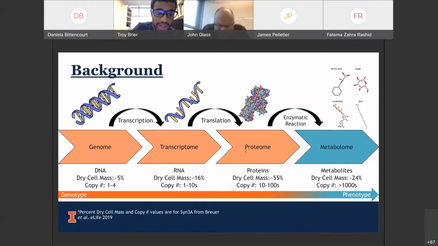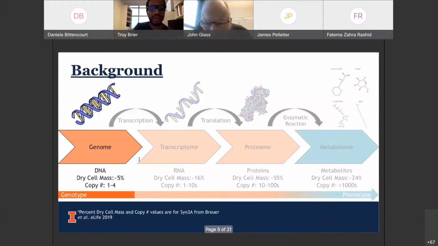the genes. What my group and I have been focused on with some of our simulations is trying to understand how these different levels impact each other. One specifically that we're trying to look at is how the genome impacts the rest of the component levels of the cell.